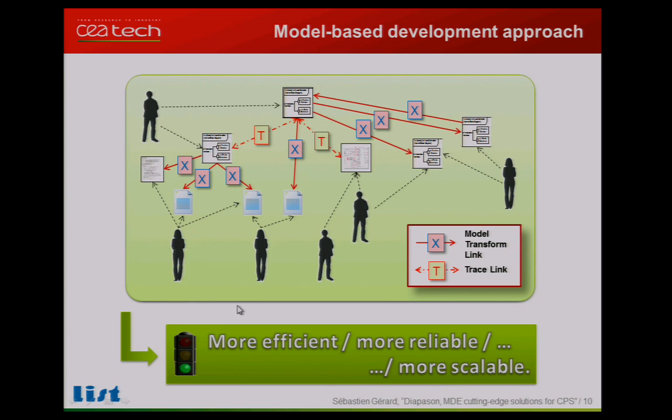So the idea behind the model-based development approach is to formalize the information. The concept of model is just a concept to formalize the information which is exchanged by the people, and also to formalize the exchange of the information.